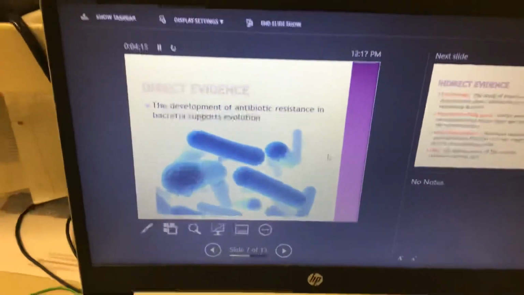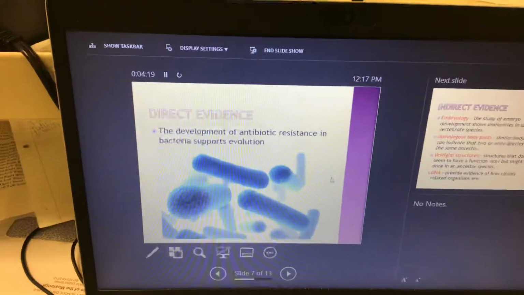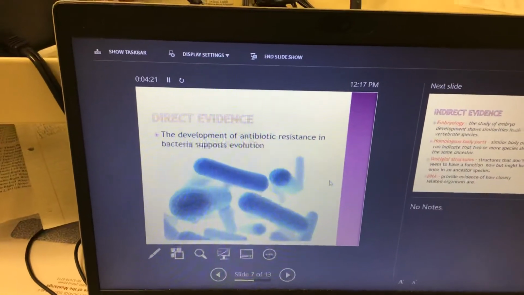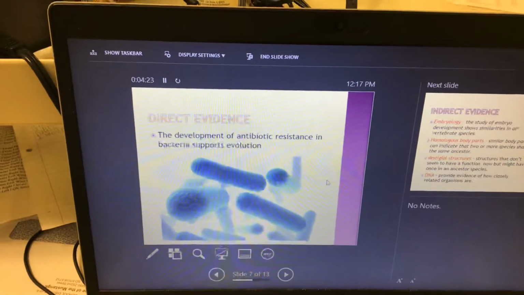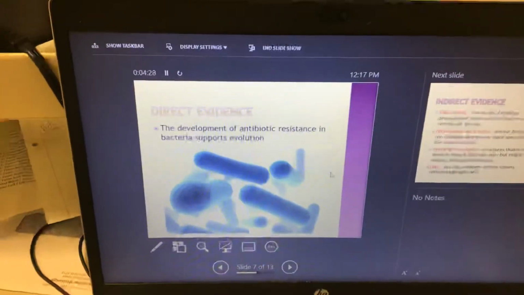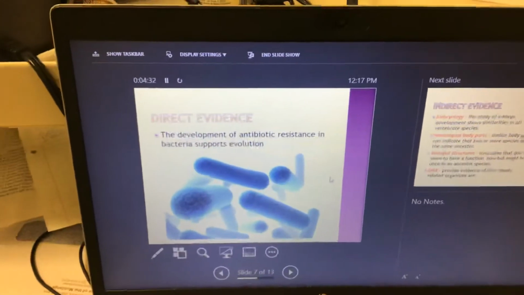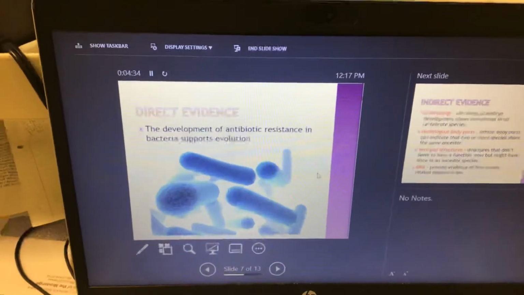I want you to write down direct evidence. I might have mentioned this yesterday, but go ahead and write this. The development of antibiotic resistance in bacteria supports evolution. Penicillin, 100 years ago when it was invented, killed bacteria.